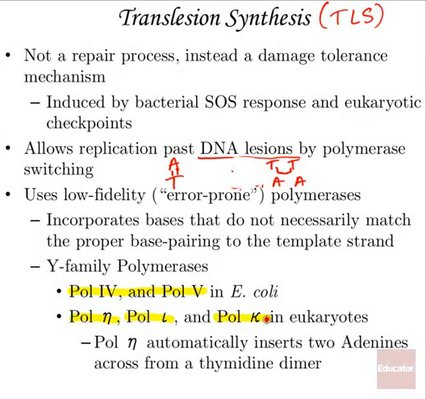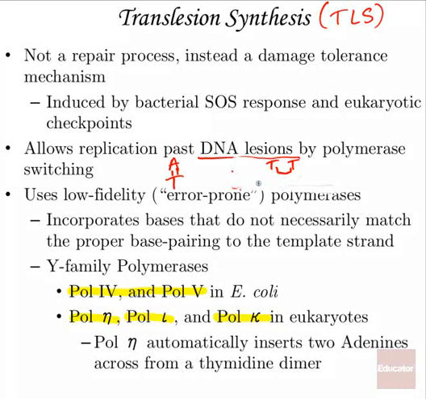A cool thing about pol eta is that it automatically inserts two adenines across from a thymidine dimer. So when we see this thymidine dimer, and we need to synthesize this new strand down here, well, we can't utilize this TT as a nice template.